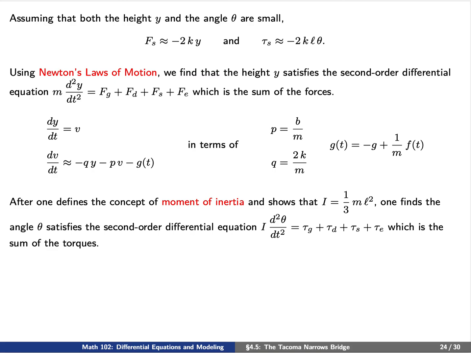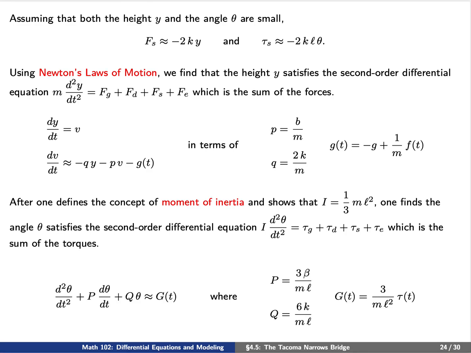There's a similar statement now about the torques. After one defines the concept of moment of inertia and shows that the inertia for our concrete slab is 1/3 ml squared, one finds that the angle theta satisfies a similar expression to F equals ma. In this case, the inertia times the angular acceleration is the sum of the torque due to gravity, the torque due to damping, the torque coming from the restoring force of the suspension cables, and the external torque.